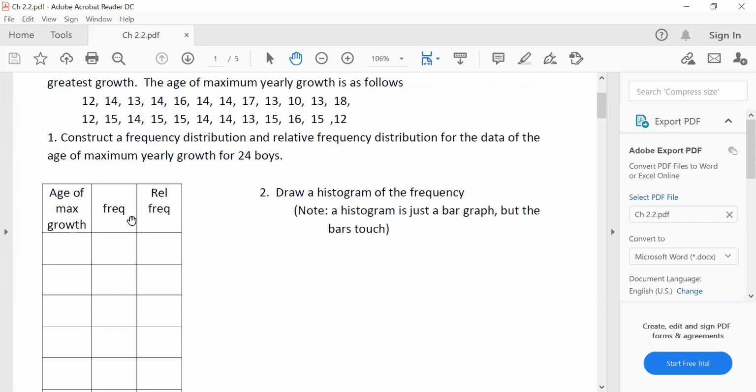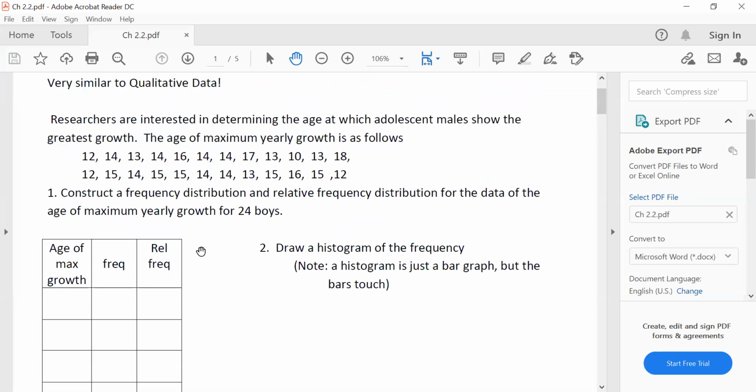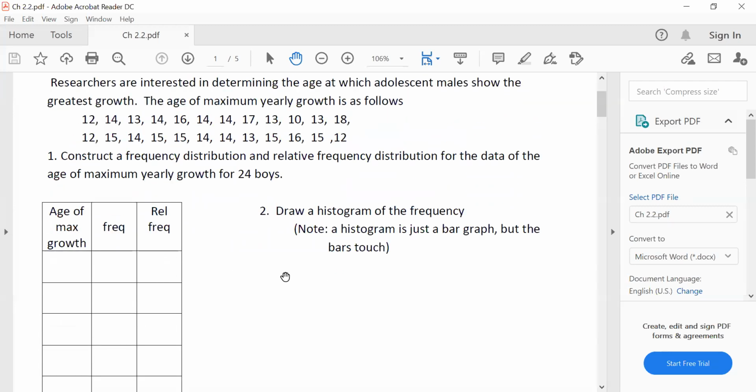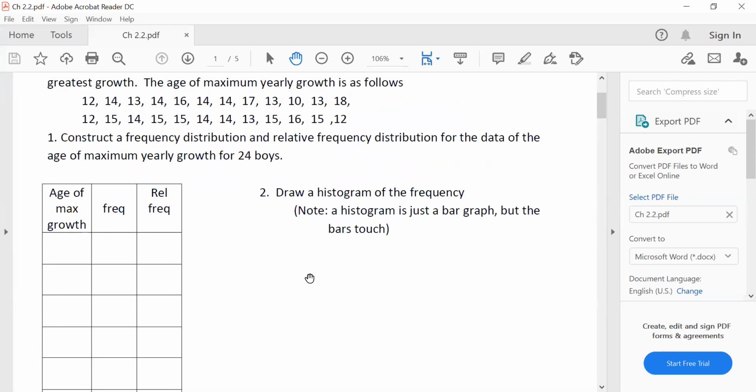I don't know, no. So I can fill out this frequency chart here, and it looks like the ages range from 12 to 18. If there were a missing age in between, I would still put it on the chart with a frequency of 0 so that my chart doesn't have any gaps. But let's see if that's going to happen.